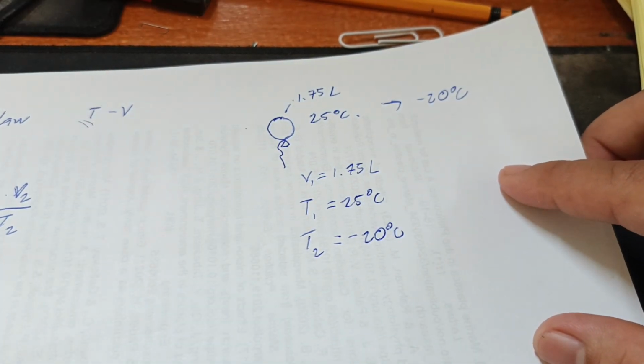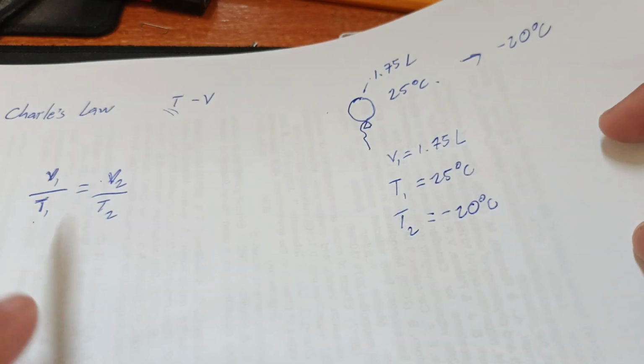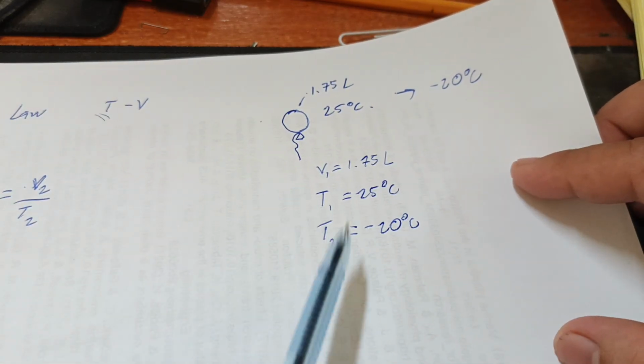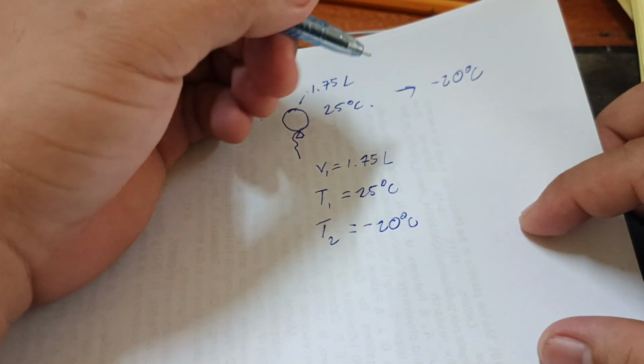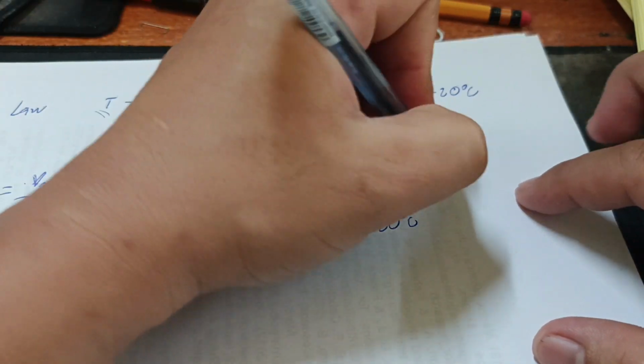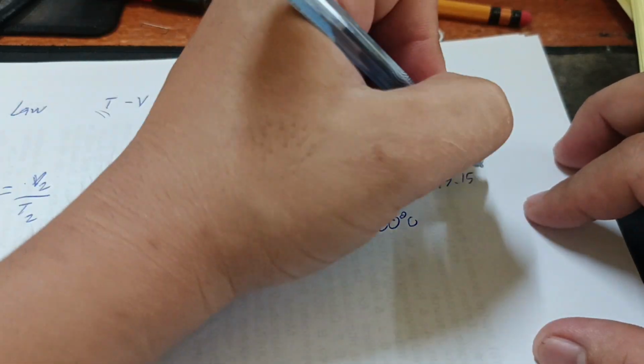Before we proceed with the equation, we first convert these temperature measurements into the Kelvin scale. All you have to do is add 273.15.